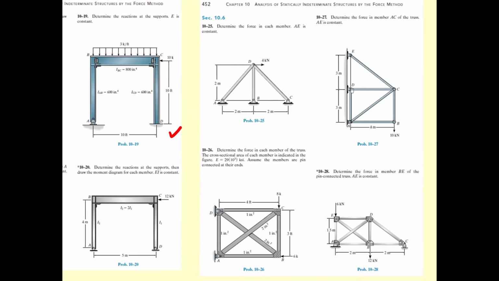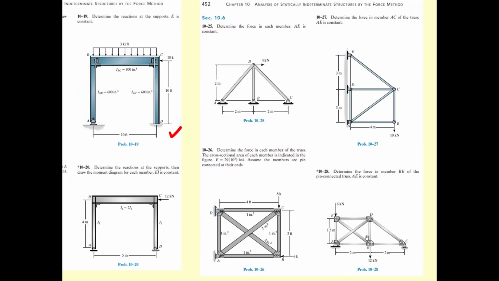Then you have two for the hinge and one for the roller, which gives you your equations of equilibrium. Then this is statically indeterminate with one degree of indeterminacy, with an extra support.